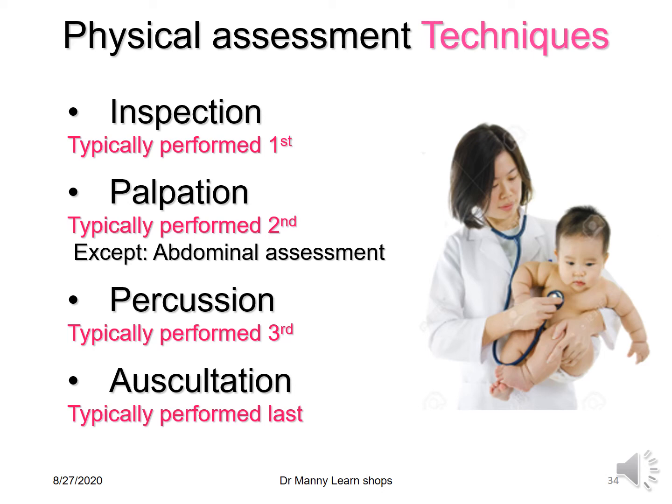And then there's auscultation, which is typically performed last. However, you can perform any of these techniques in any specific order that you choose, depending on your patient's or the infant or child situation. Inspection, palpation, percussion, auscultation.